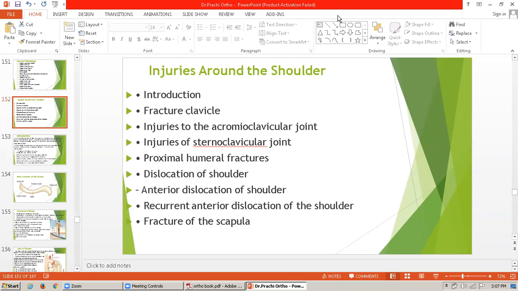Dislocation of the shoulder is also a very important topic for theory and for oral exams, as well as from the clinical point of view. In that there is anterior dislocation of the shoulder, recurrent anterior dislocation of the shoulder, and fracture of the scapula.